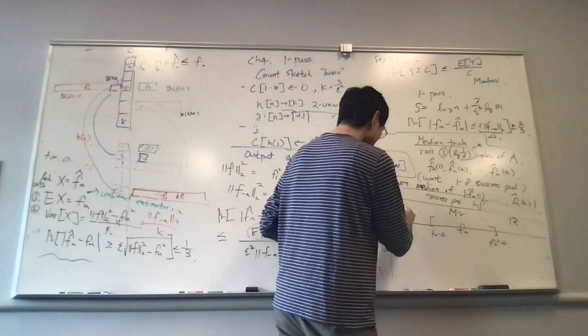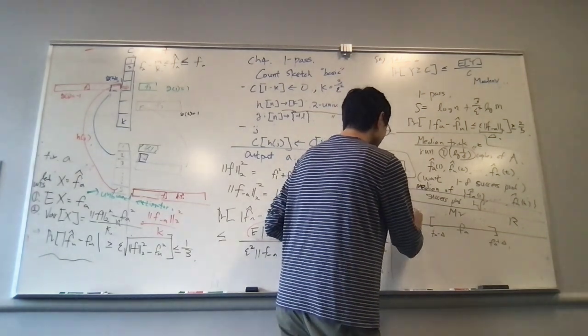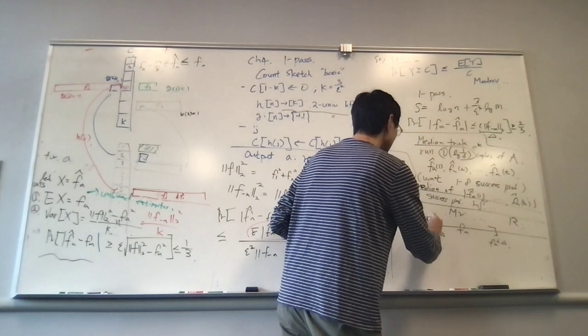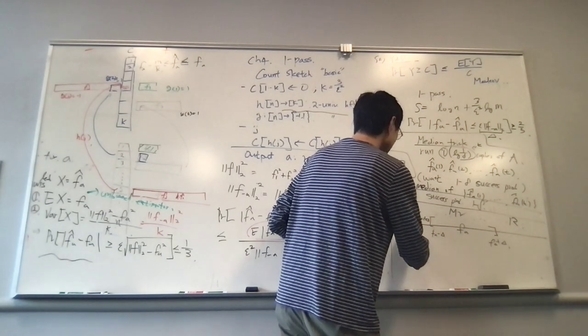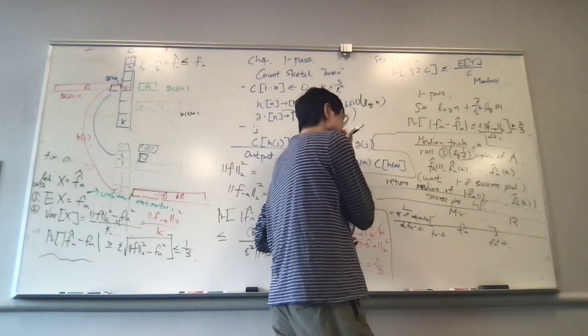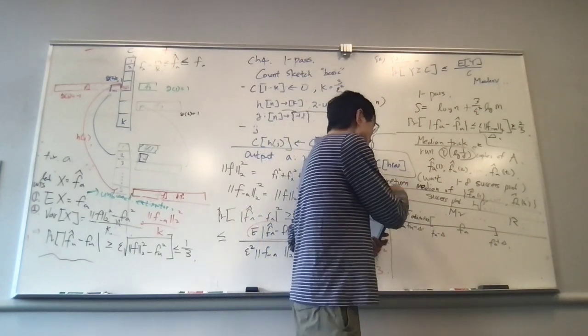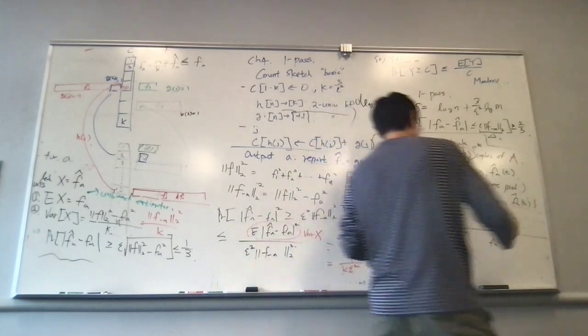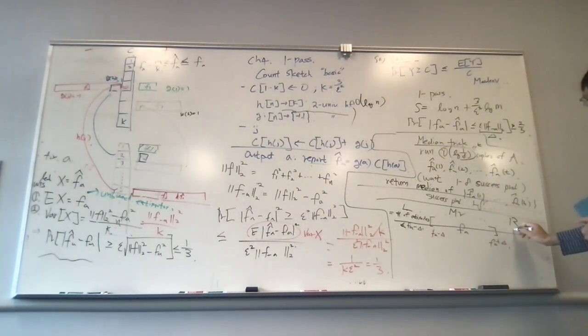What is L? L is the number of estimates less than f(a) minus delta. This is an underestimate: how many times I underestimate. Likewise, R means the number of estimates greater than f(a) plus delta.